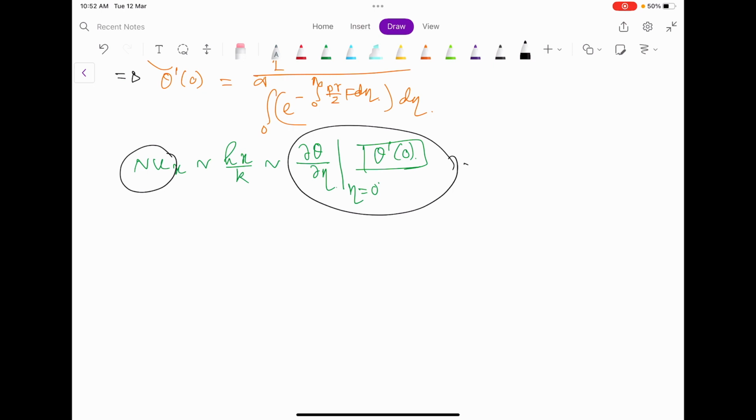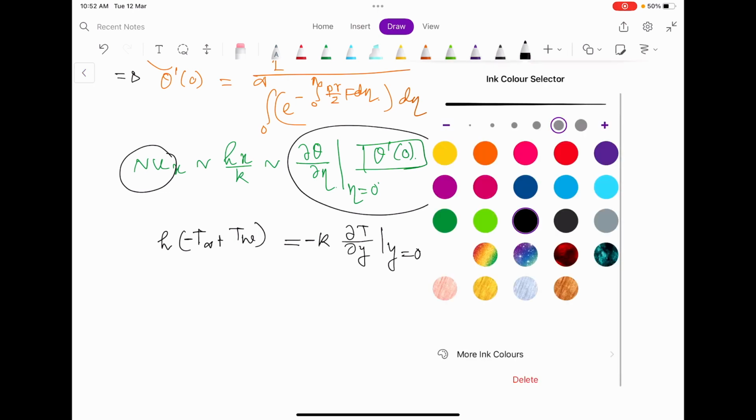So I know that at the wall, h into T infinity minus T wall is equal to K into del T del y at y equal to 0. If it was T wall minus T infinity, then I would have to put a minus here. Why?